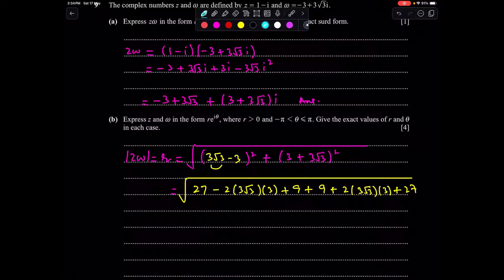So these two terms will be cancelled. Now check these two, 27 plus 27.